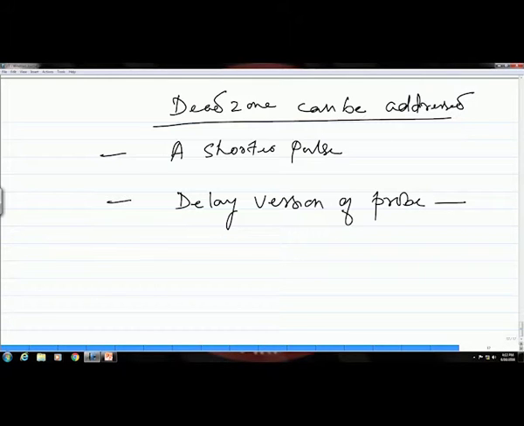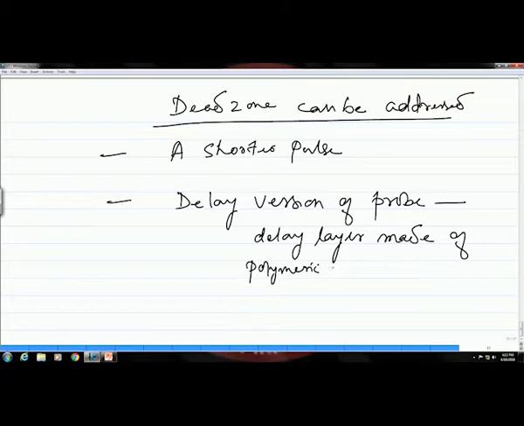So, in this kind of delay probes, there is a delay layer which is made of a different material, like for example, a polymeric material, in which the velocity of sound is lower.